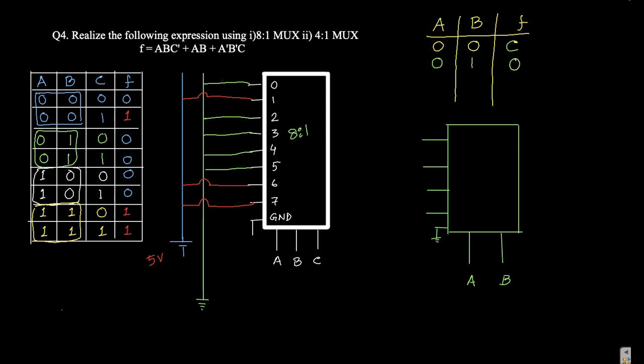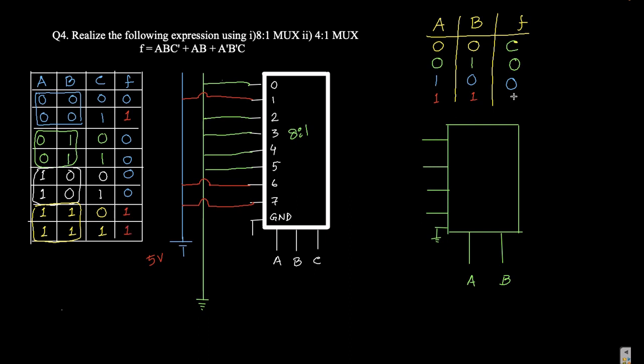The third case, when A and B are 1 and 0, then for 0 it is 0, for 1 it is 0. Means whatever the input C is, the output is 0. And for the fourth case, when both A and B are 1, then when C is 0, output is 1. When C is 1, output is 1.